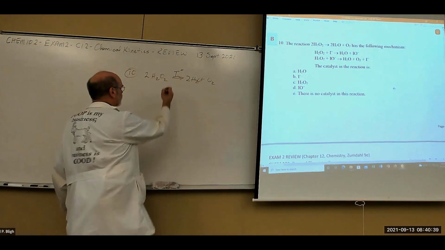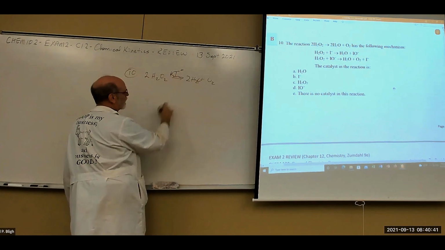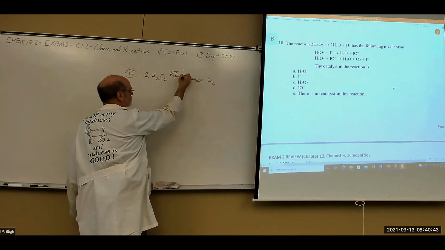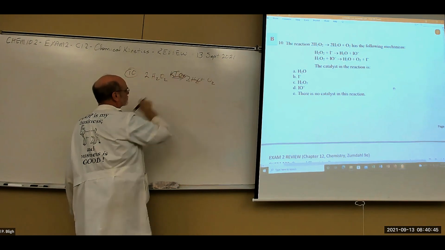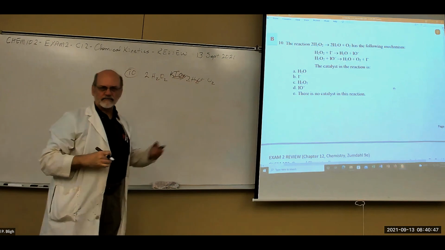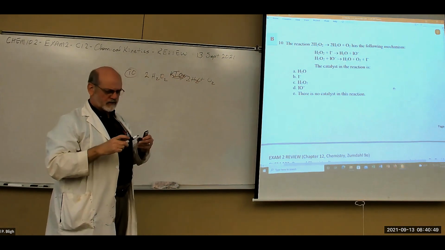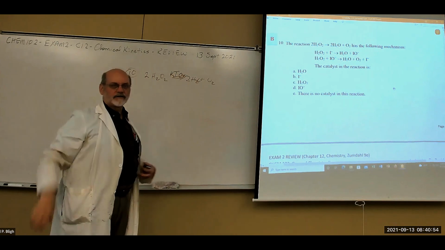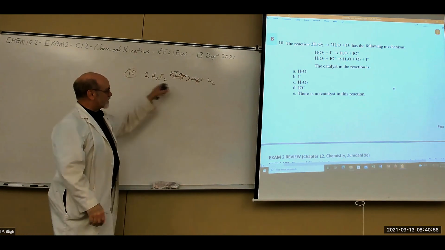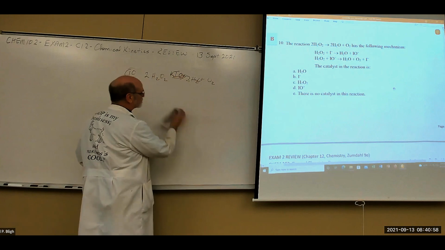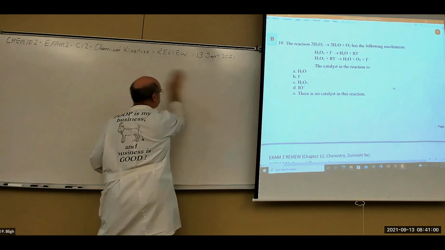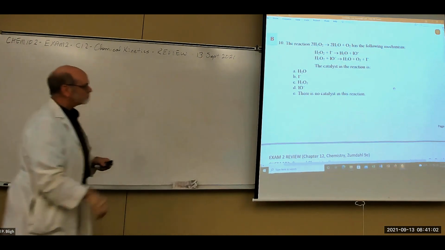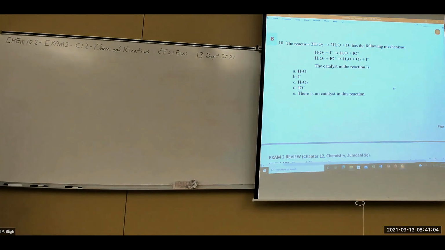We usually put that in there as potassium iodide, aqueous solution. From that video, I think I showed you the video with the foaming volcano. Yeah, that's the reaction they were doing. Okay, 10. Let's see, we're going to skip 11, 12.